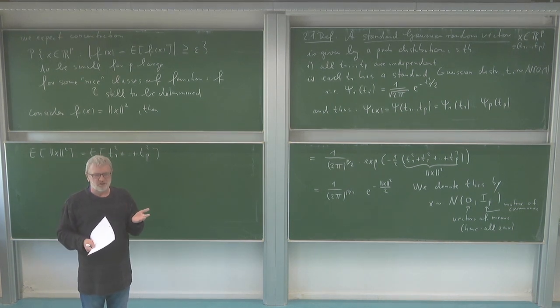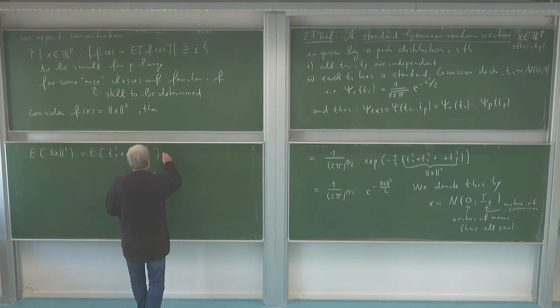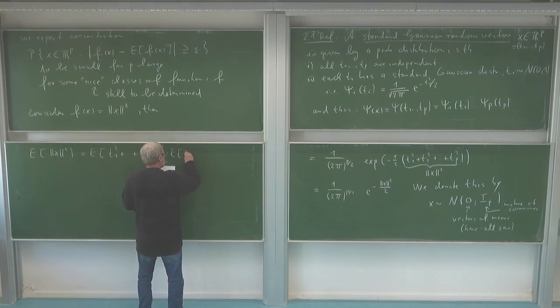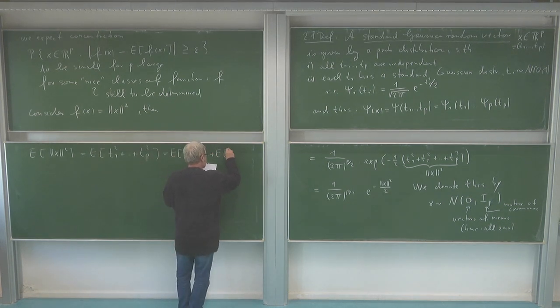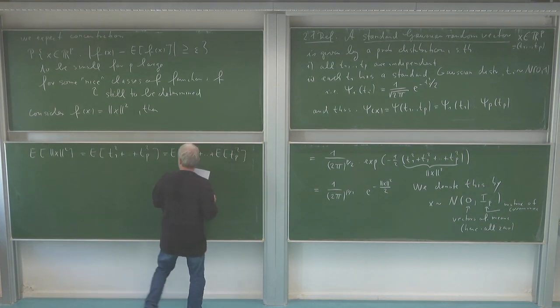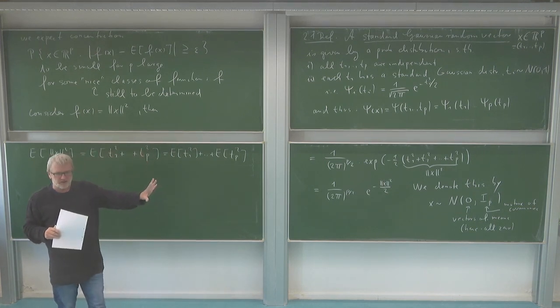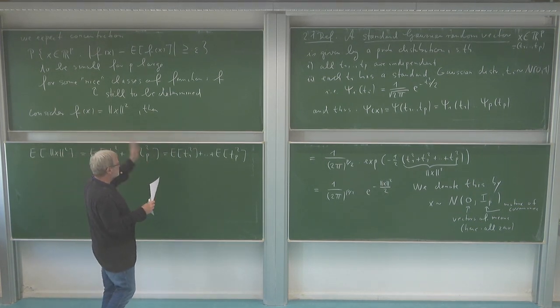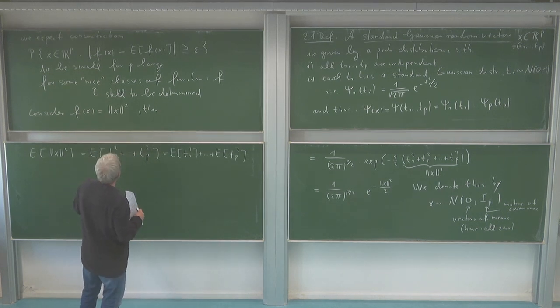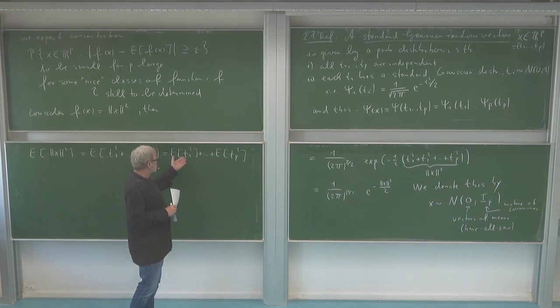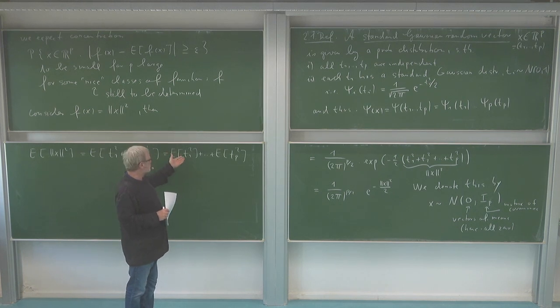But this is just the second moment of each of the coordinates. So this is the expectation of t1 squared plus and so on, plus the expectation of tp squared. And for this, I don't need any independence. This would be true for any vector. And now I just have to know what is the second moment of each of my coordinates.